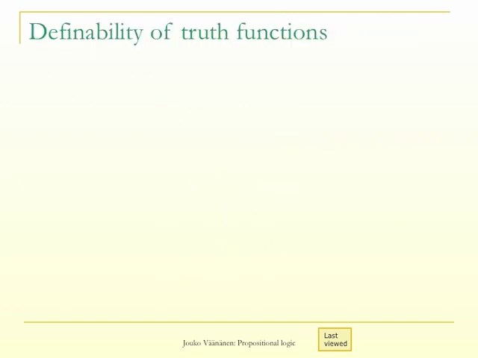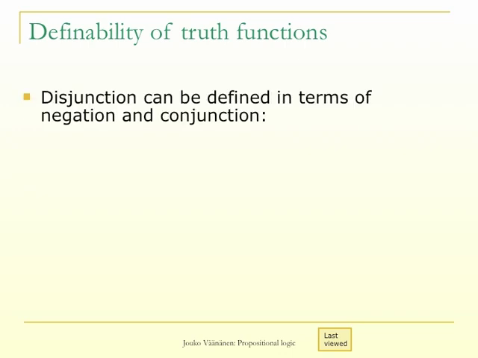Definability is an important concept in logic and occurs in many disguises. A truth function f is said to be definable in terms of truth functions g1 to gm if f can be obtained by composition from g1 to gm. What this means in practice is the following. Disjunction can be defined in terms of negation and conjunction.